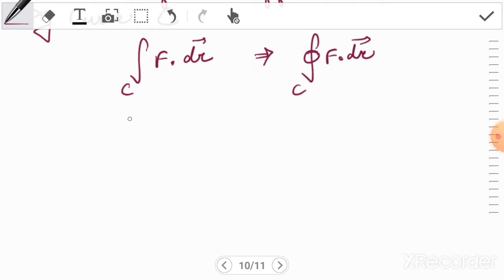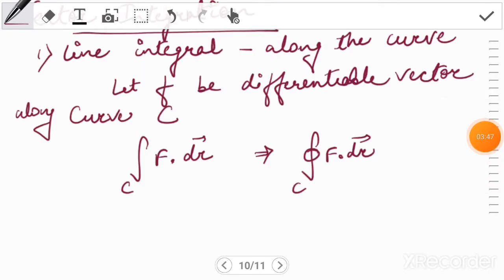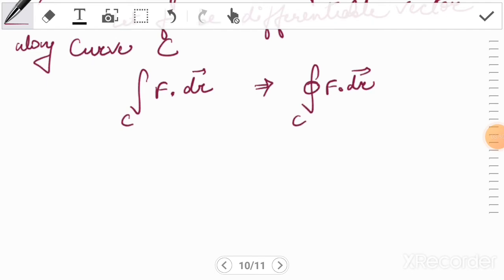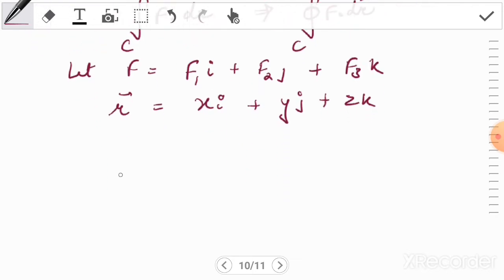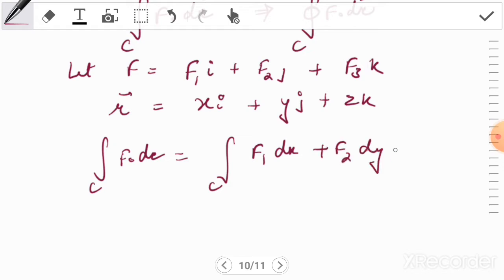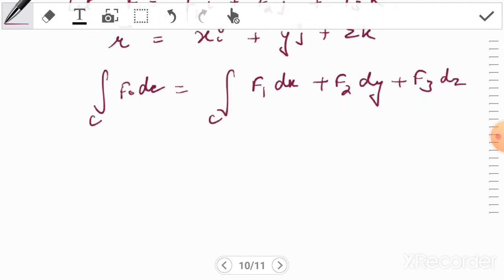So in the Cartesian form, let f be equal to f1 i plus f2 j plus f3 k and the r vector is x i plus y j plus z k. Then the line integral will be f1 dx plus f2 dy plus f3 dz. So this is called the Cartesian form of line integral.